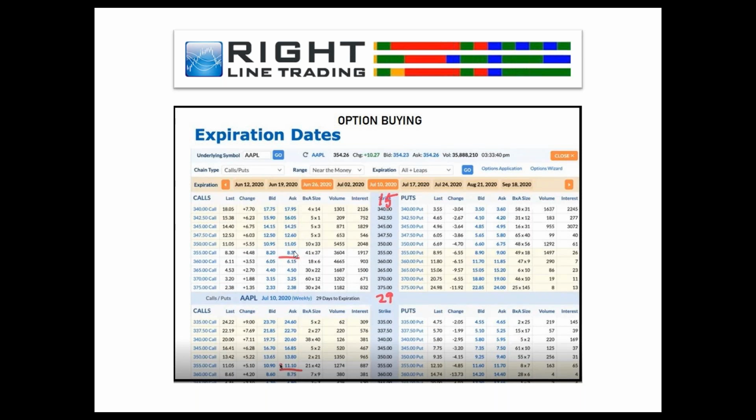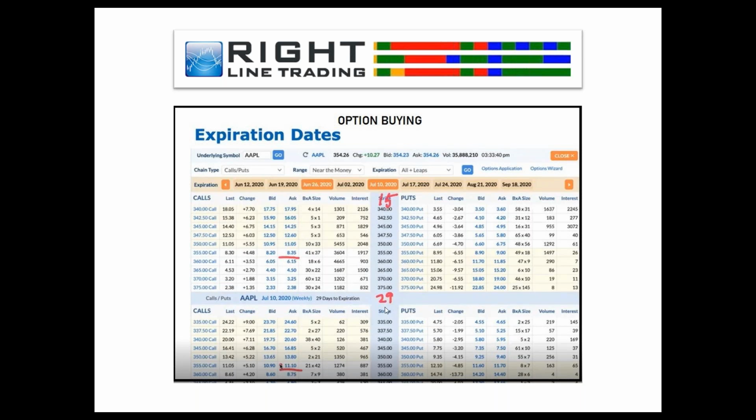Now, intuitively, we're going to buy the option that has the cheapest price. But when we put this into our tool to determine the probability of success, we're going to find that the more expensive option is going to give us a better probability of getting a winner. So if we have to choose between two strike prices, when we buy, we're always going to go for the option that has the greater time premium. This has a better chance of evolving into a winner.